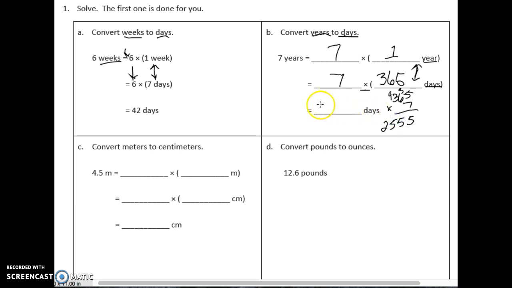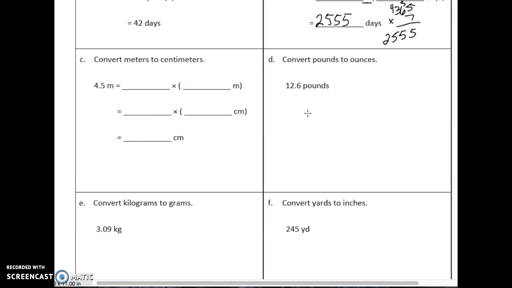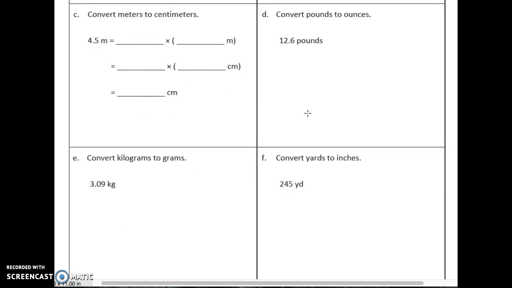So our answer is that 7 years is actually the same as 2,555 days. They're the same, so they're equal to each other. So it's kind of solving a problem, but kind of not really, huh? So it's kind of doing it in a different way.